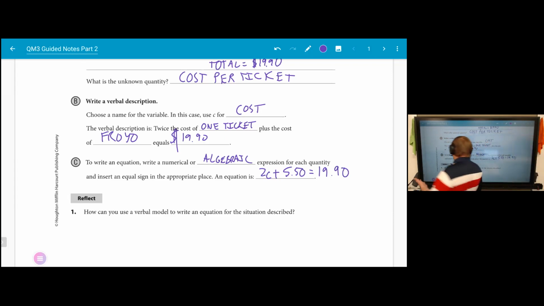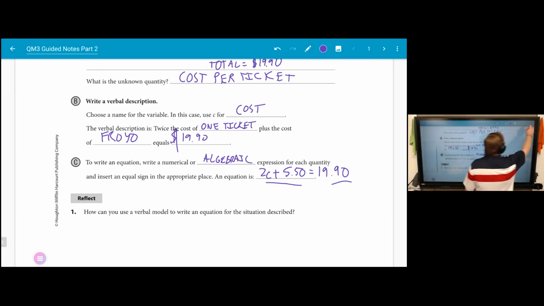So it says here, how do you use a verbal model to write the equation for the situation described? We just take what they are. We use the math vocabulary and put that into an equation. We got 2 separate expressions that are equal to one another. We have a numerical expression here, which is 19.90, and we have an algebraic expression because it's got a variable, that 2C plus 5.50.